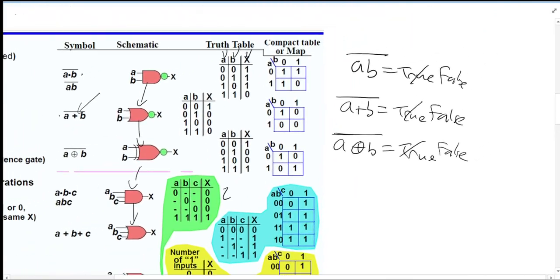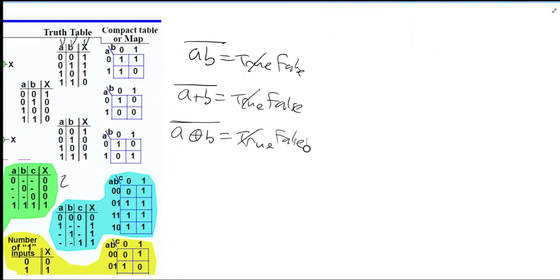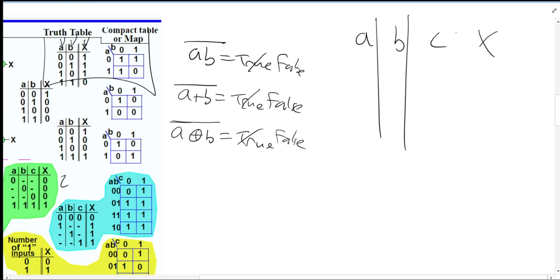Alright, so now we actually got to look at some truth tables, which are these guys over here. The way you construct a truth table is first you have your inputs. So let's say you have A, B, C, and X is your output. So you have all your inputs. I'm just going to do 3 for the sake of this example. So you have 0, 1, 0, 0, 0, 0, 1, 1, 1.